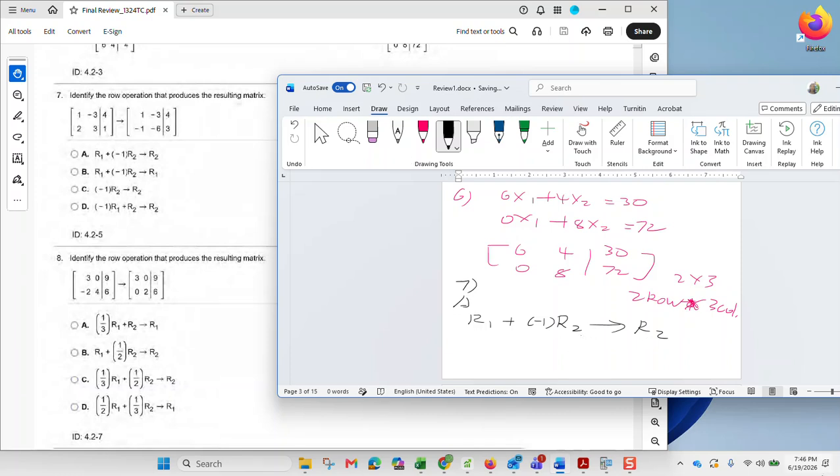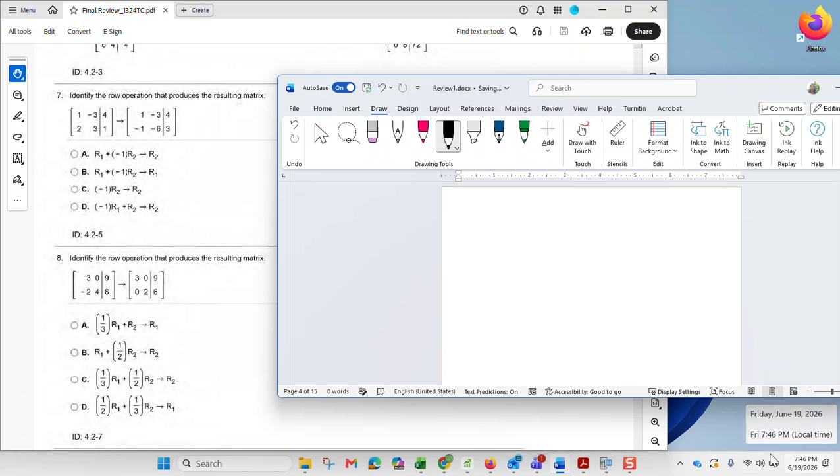So we can do this calculation to check if this is correct. All right. So if I have row 1, okay, we can write down this row 1. Row 1 is 1, -3, and 4, right? And then plus this row 2 multiplied by -1.